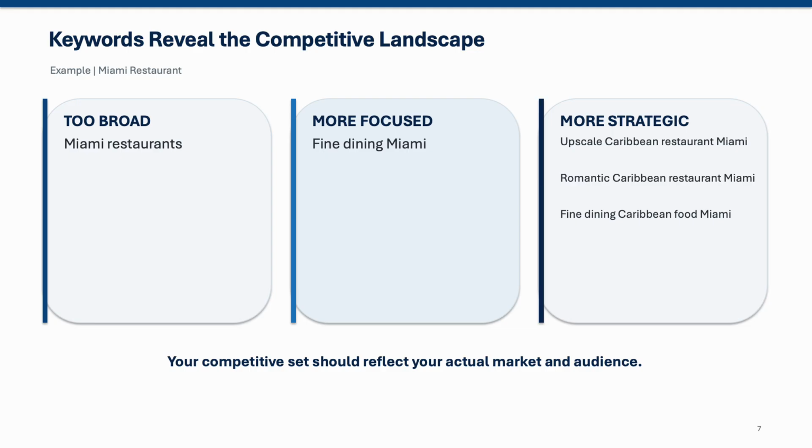But suppose the restaurant specializes in upscale Caribbean cuisine. Now, terms such as upscale Caribbean restaurant Miami or fine dining Caribbean food Miami may reveal competitors that are much more relevant. So, your competitive set should reflect your actual market, offering, and target audience.